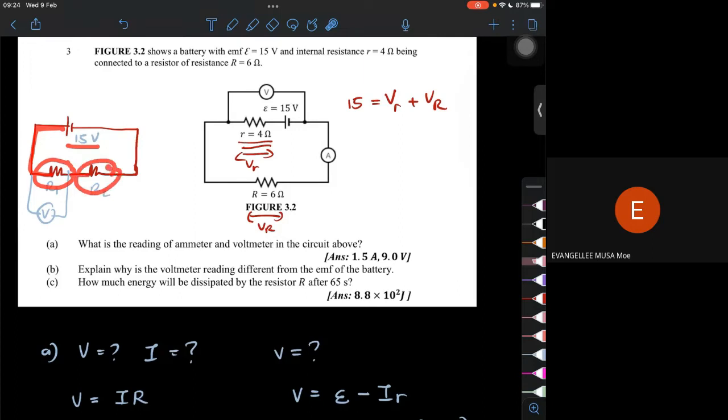That's why kita panggil dia sebagai potential drop. Maksudnya dia bagi voltage tu. It's just the analogy lah, but basically yang bergerak adalah electron, not the voltage, because voltage is just a force. Okay, voltage ni adalah satu force, electromotive force, yang menggerakkan elektron di dalam circuit.